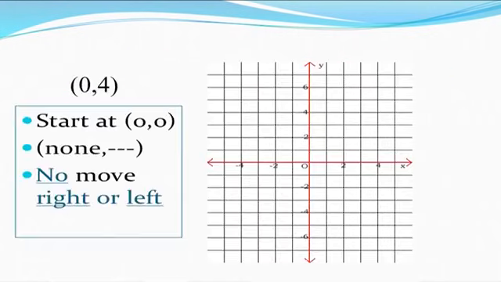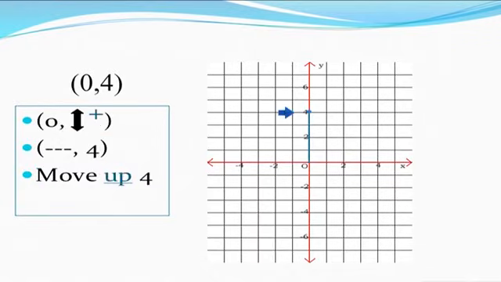Now lastly, let us look at graphing of 0, 4. As the x coordinate is 0, we do not need to move to any particular place on the horizontal axis. So there is no move either right or left.